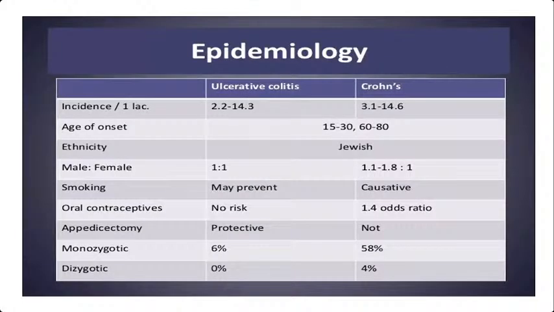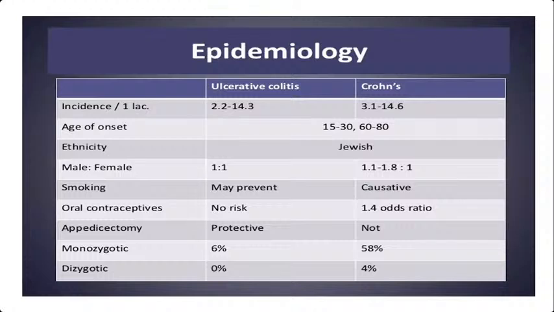So we'll spend more time this afternoon looking in detail at both ulcerative colitis and Crohn's disease. And because they have certain things in common, but there are also disparities, we often tabulate the features.